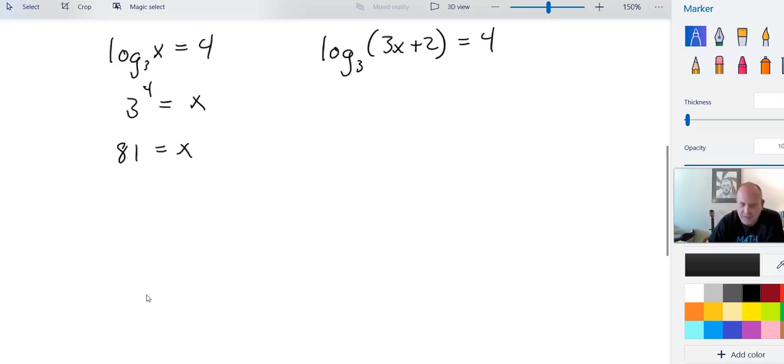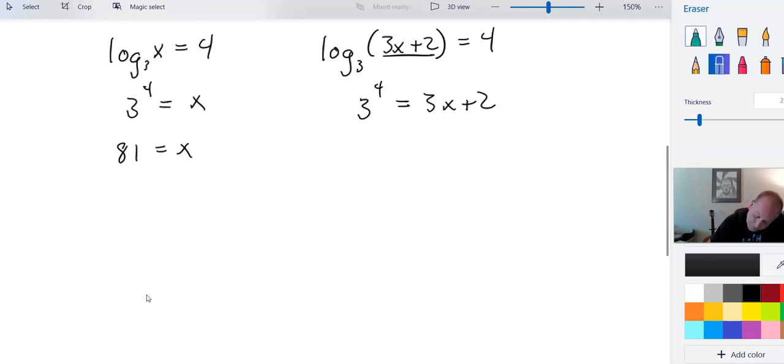It doesn't change anything. It's still the base to the answer is the argument. So 3^4 is equal to the argument, 3x + 2. And so that means 81. Let's try it again. 81 is equal to 3x + 2.